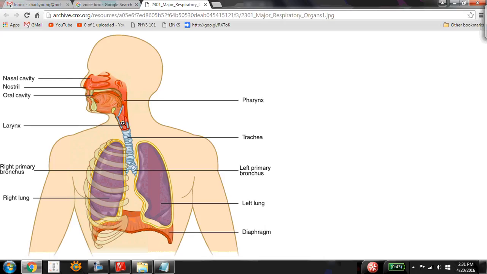So here's the larynx right here. It's the Adam's apple. So if you can touch your Adam's apple, that's your larynx, and it is connected to the trachea, which takes air from the lungs. This is your diaphragm here, that big sheet-like muscle that expands or contracts your chest cavity and causes you to either bring in air if it's expanded or expel air when it is contracted.